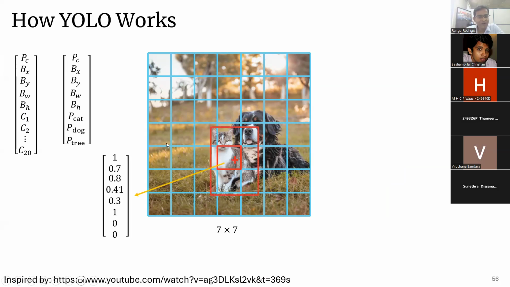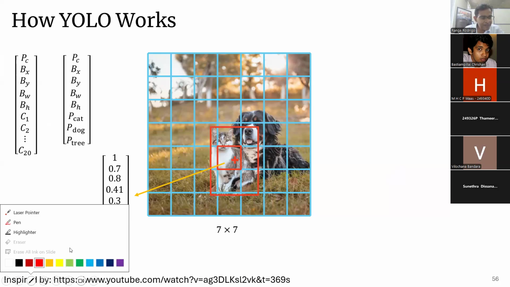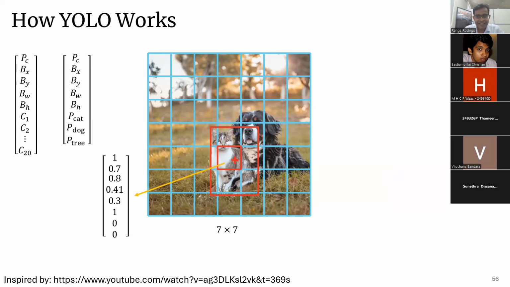If you take this box, now this is the ground truth cat box. Let's assume this is the ground truth image, a square image. The cat is here.